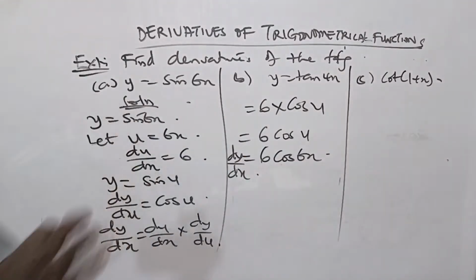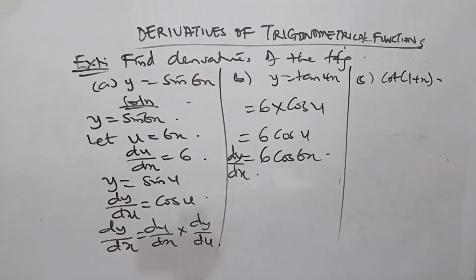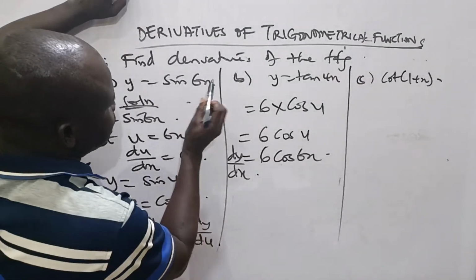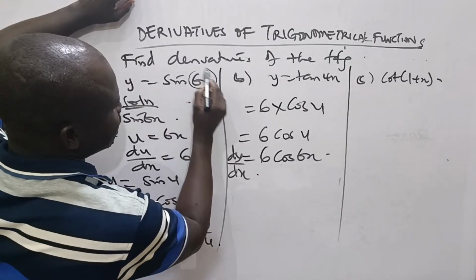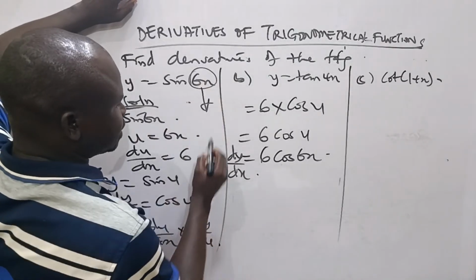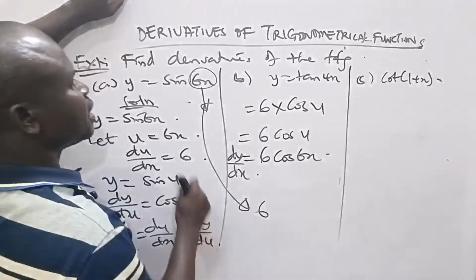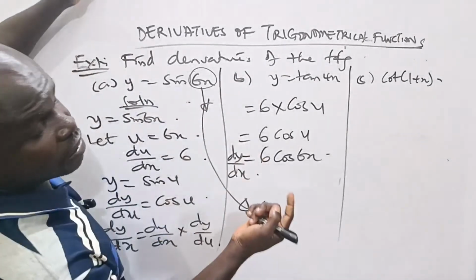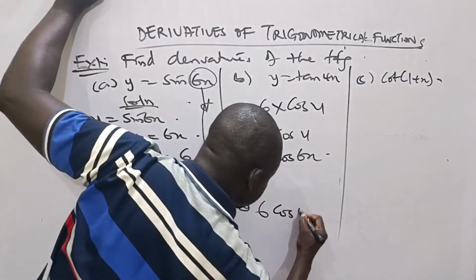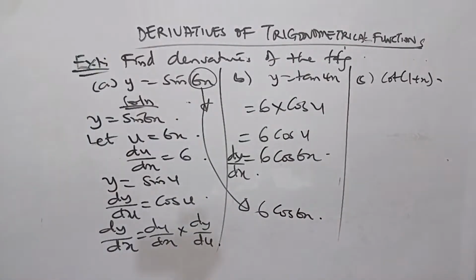So without going through this process, how do I get the answer? The only way is to differentiate what you have here, 6x. If you differentiate 6x, we get 6. Then the derivative of sine is cos, so this will be cos 6x. That's how to do it.